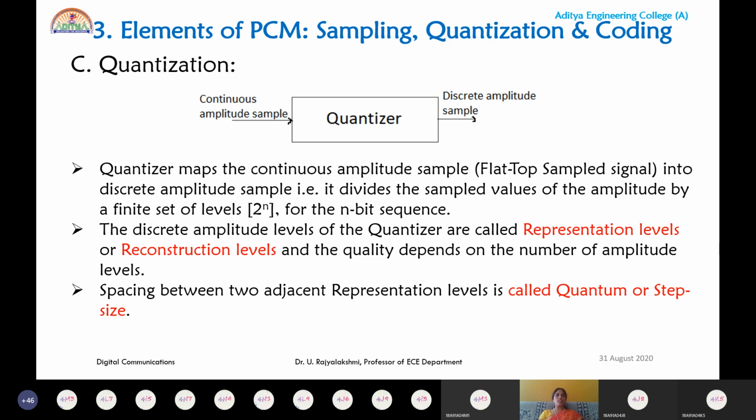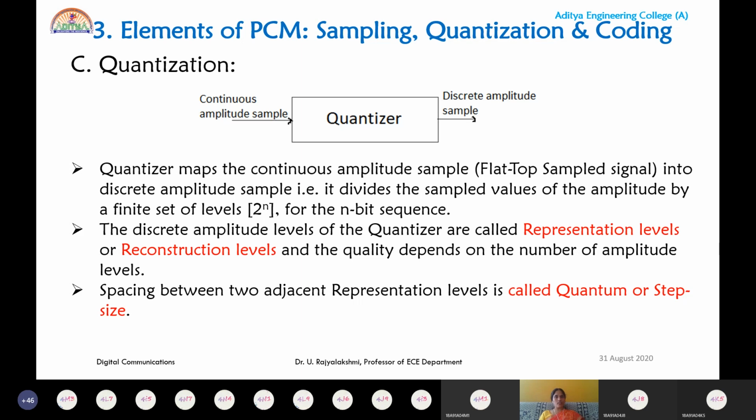So what does this mean? The quantizer divides the amplitude axis into a finite set of levels. Into how many levels? Into 2 power n levels for an n bit encoded sequence.